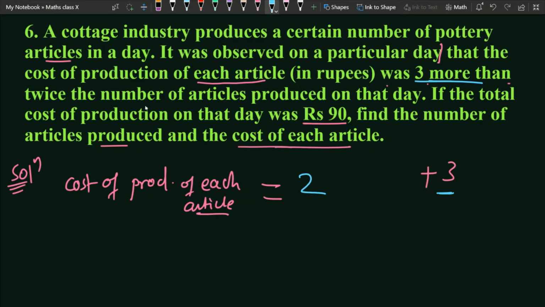Then twice, 3 more than twice the number of articles produced on that day. If the total cost of production on that day was rupees 90, so 90 rupees was the total cost of production. Now let us assume this number of articles as x. This cost of production of each article will be 2x plus 3. Okay.